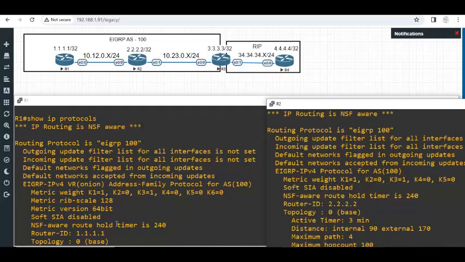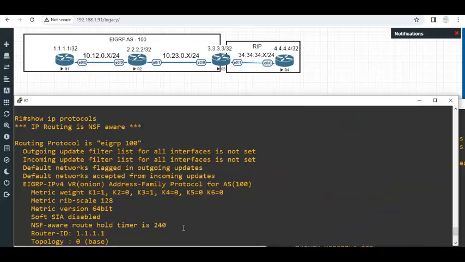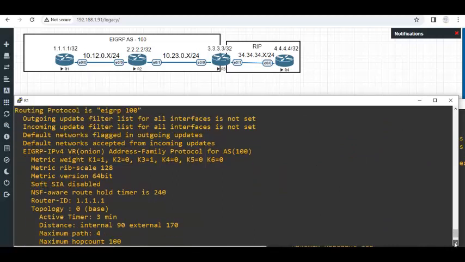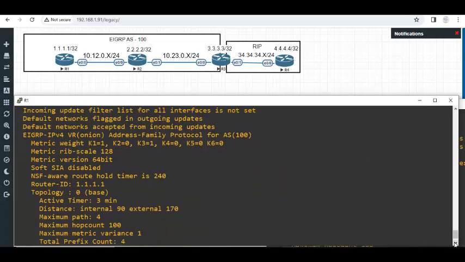And then this is non-stop forwarding aware route, not network state change something. Means if there is any change, how long it will hold, a kind of timeout.